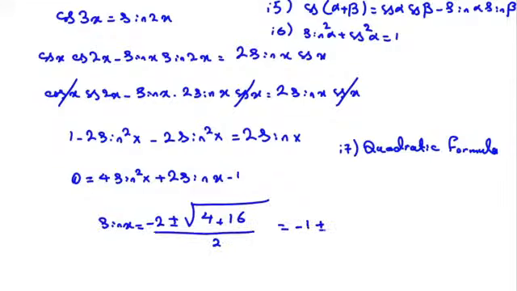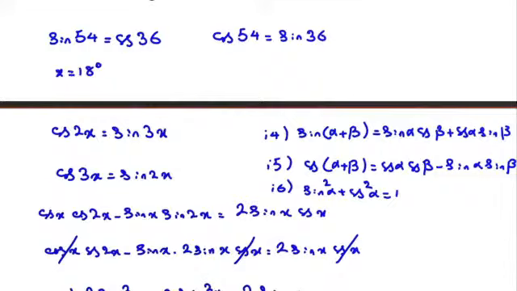It will be negative 1 plus or minus root 5 over... if you divide both numerator and denominator by 2, it will be 4. If it's minus, sine x will be negative, but we know sine x is positive, so we should say negative 1 plus root 5 over 4.